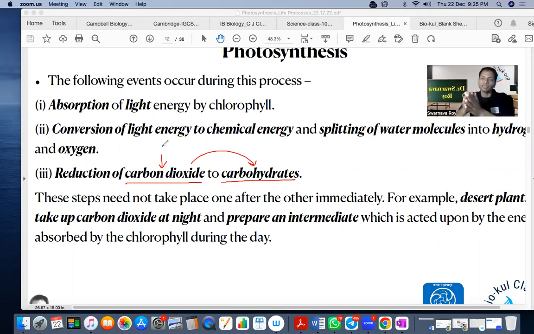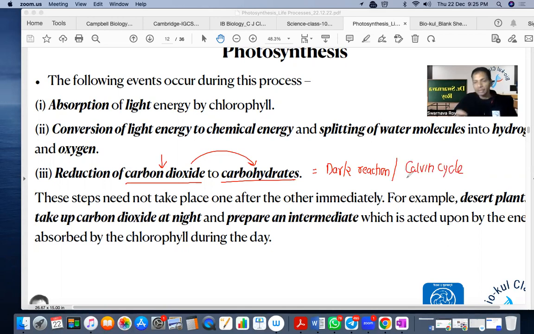I just showed the picture of how the carbon dioxide enters through the stomata, gets inside the mesophyll cells, and finally inside the chloroplast. This last step of reduction of carbon dioxide to carbohydrate is also called the dark reactions. It is also called the Calvin cycle.